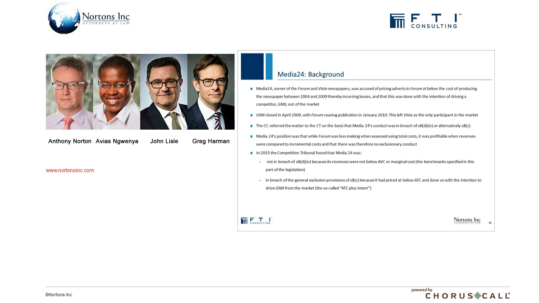As actually happened, GNN did close in 2009, and shortly thereafter, Media 24 shut down Forum, leaving Vista as its only paper operating in the area, and indeed the only local paper operating in that market.